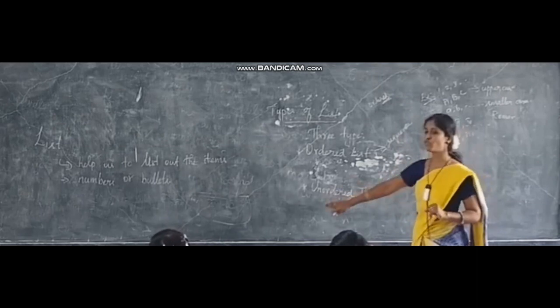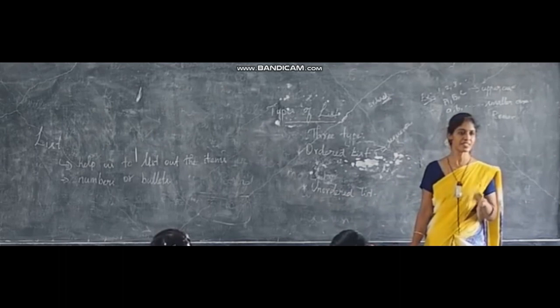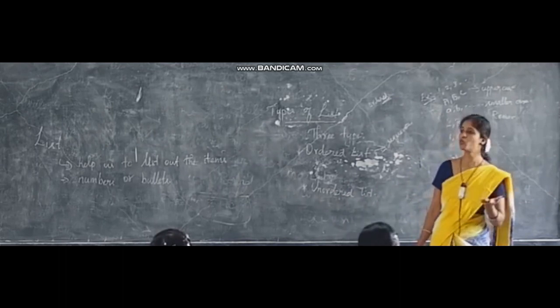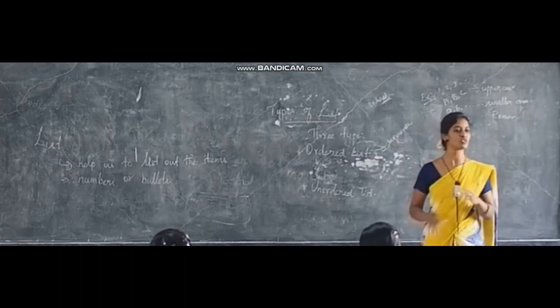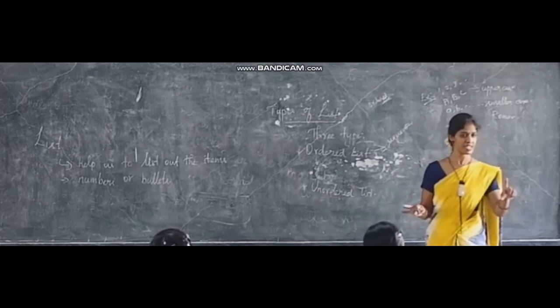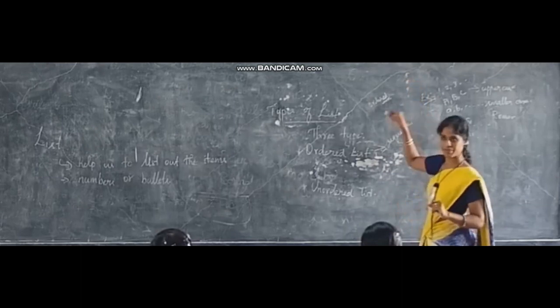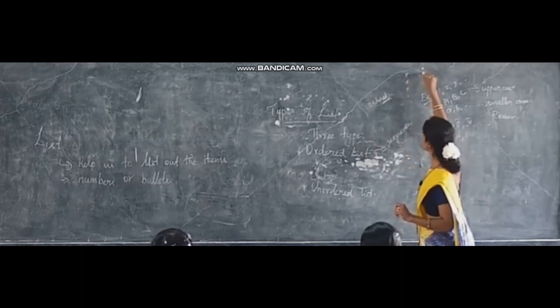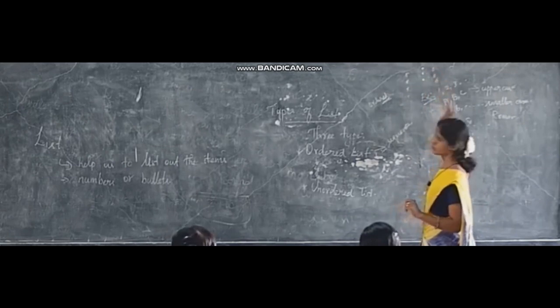And what comes under unordered list? Unordered, there will be no sequence. So in bullets we may not have any sequence. All the bullets will be the same for every item. If you are using star, it will be a star. Or if you are using bullets, you can use circle, something like that.